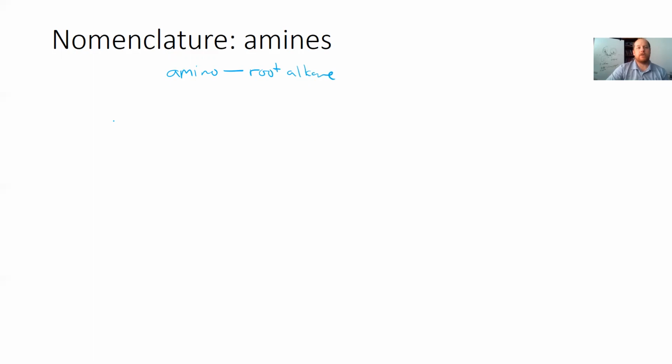So if you have something like CH3CH2NH2, well, you have an ethane and you have an amine. As a reminder, this is R bonded to an NH2.